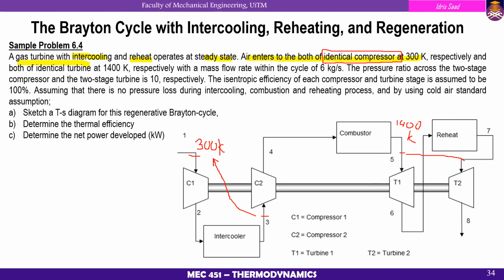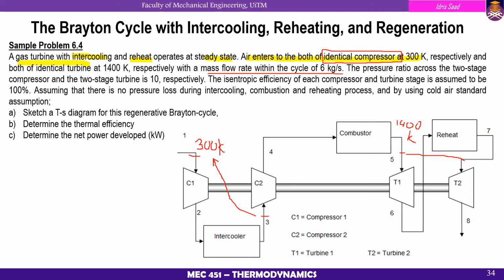The question also gives us the mass flow rate within the cycle, which is 6 kilograms per second. So since mass flow is given, we can convert the specific work output into power, because we now have the unit of kilogram per second.